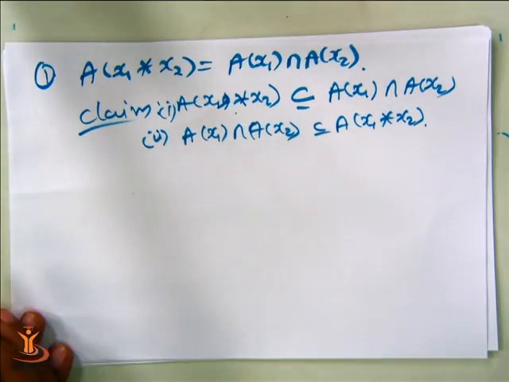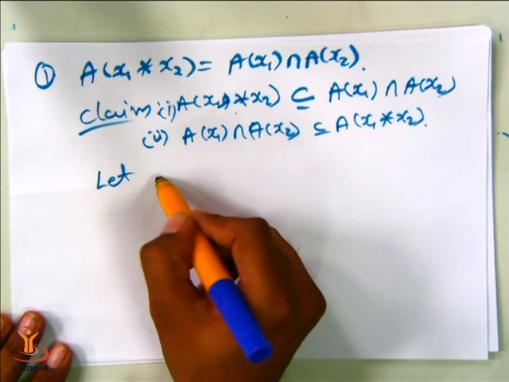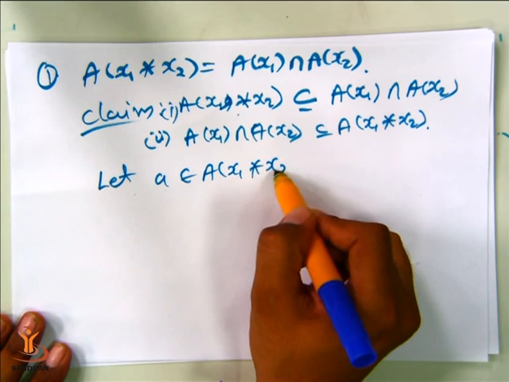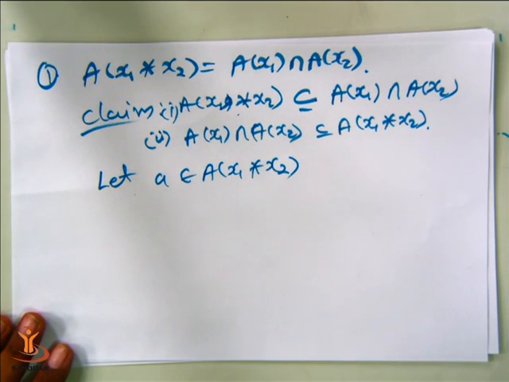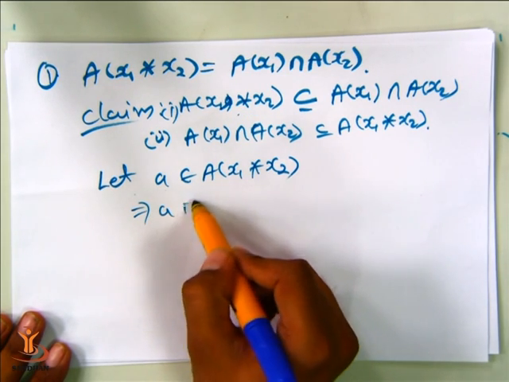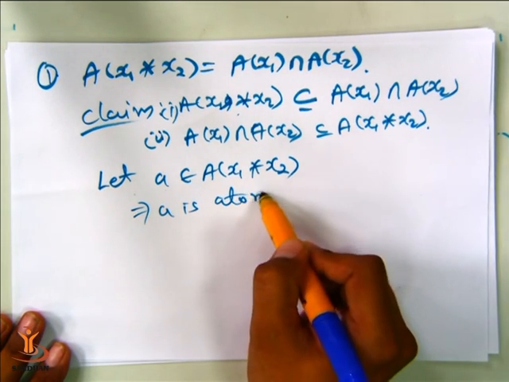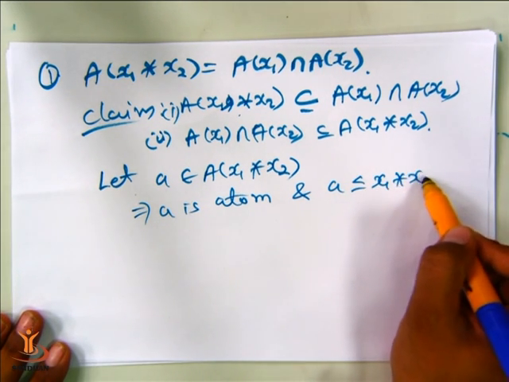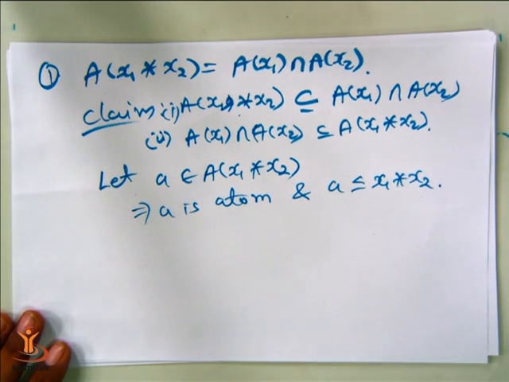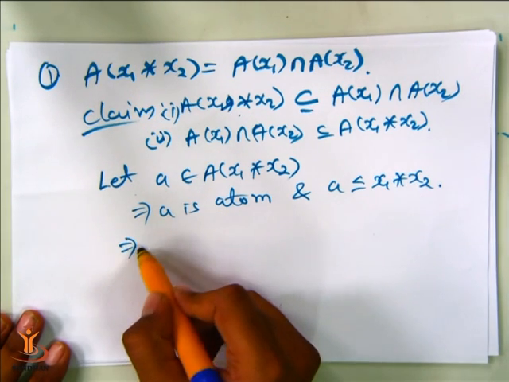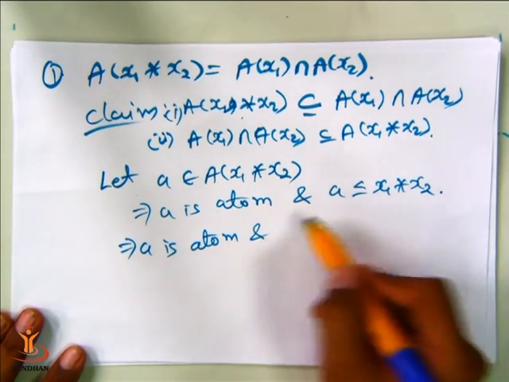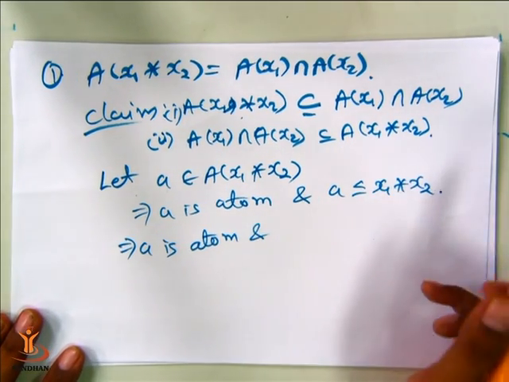Now let us try for the first one. Take an element from the first set: a is less than or equal to x1 star x2. From the definition we have a is an atom and a is less than or equal to x1 star x2. Here a is less than or equal to x1 star x2.